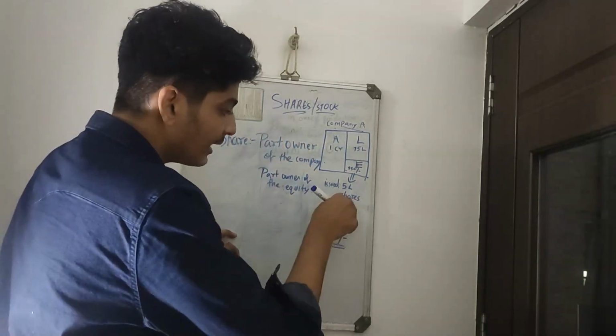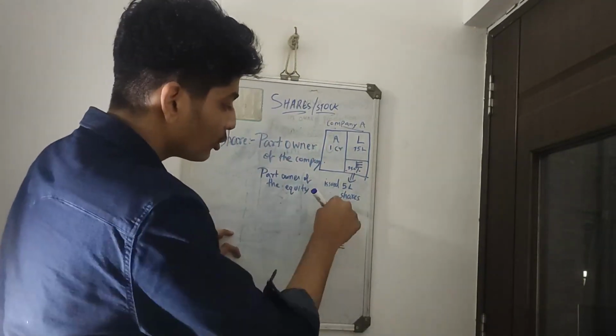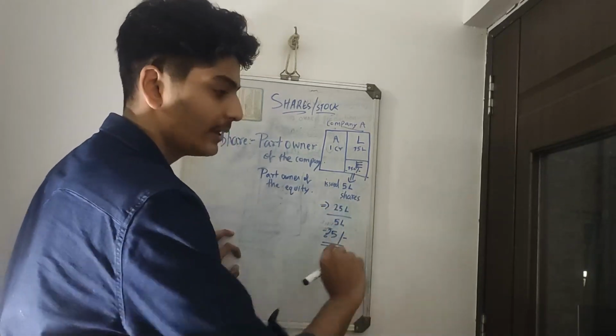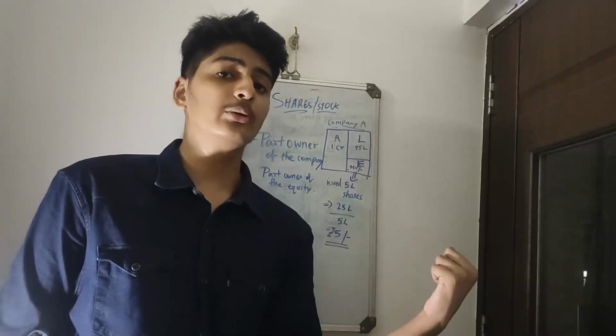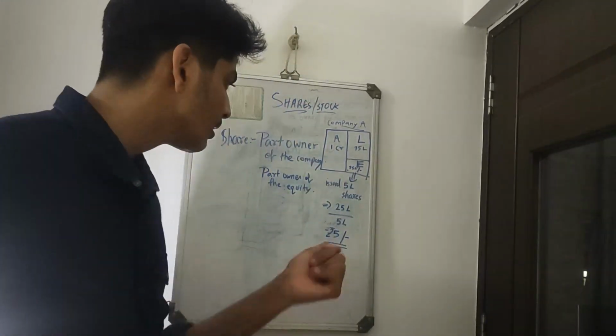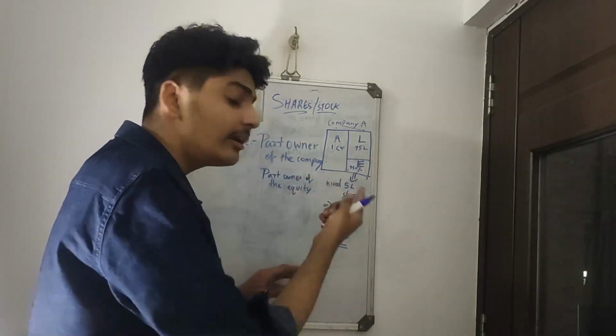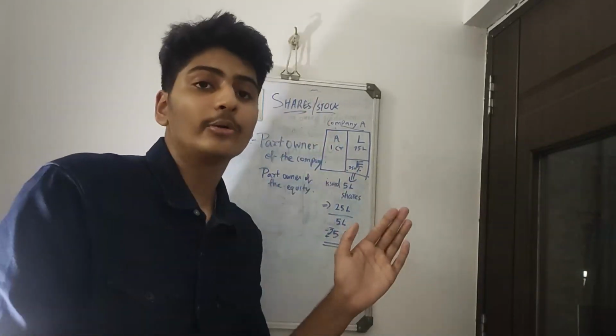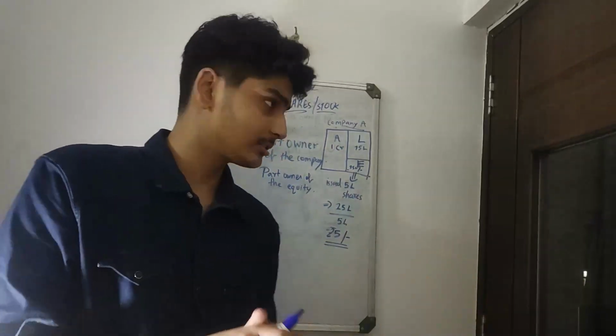How did this happen? Lakhs and lakhs got cancelled. 25 by 5 is nothing but 5 rupees. So, on the basis of the equity, the price of one share is 5 rupees. How? They split their 25 lakh equity into 5 lakh shares.